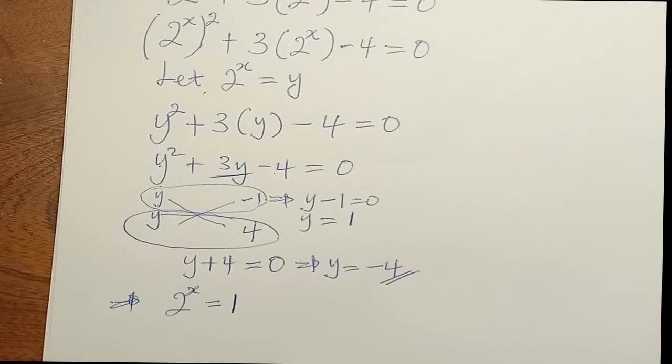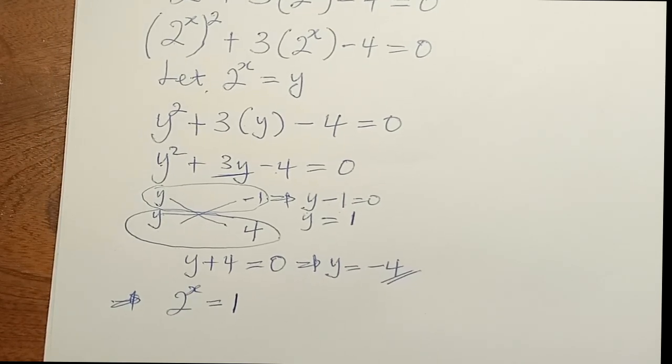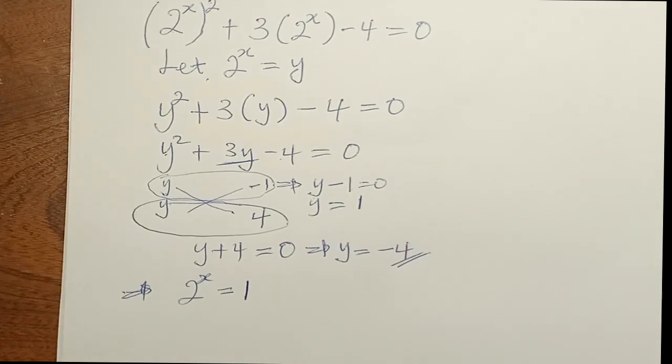To get the value of x here, we are going to ask: what power of the base 2 is going to give us 1? We can easily use the law of indices to get the value of x, which must have the same base of 2.